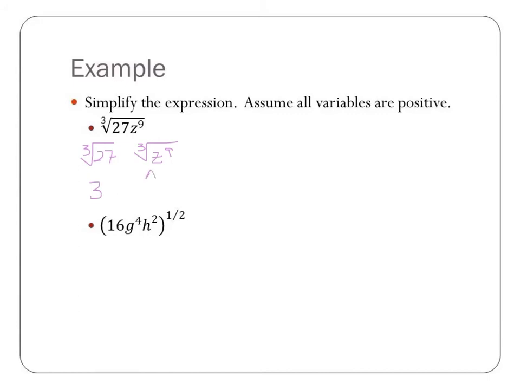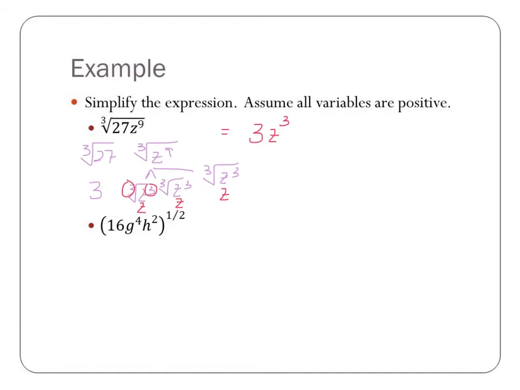Over here, we're going to split this apart into the cube root of z cubed, the cube root of z cubed, and the cube root of z cubed, because I took those 9 z's and broke them apart into 3, 3, and 3. Well, what happens when you have a cube root and a cube? They cancel. So there's a z, there's a z, there's a z. Your answer is 3z cubed. Okay, so that cubed comes from the fact that you had 3 z's.